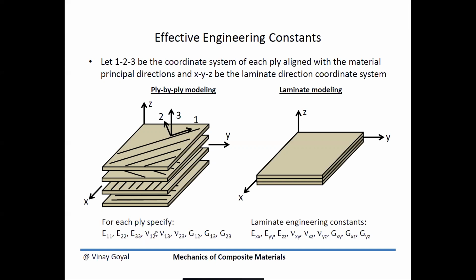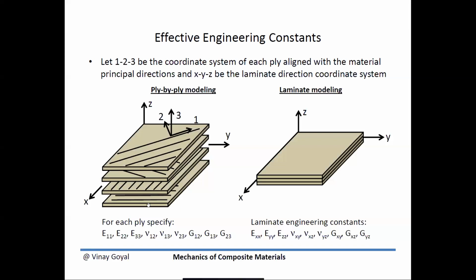Nu13 is loading in the fiber direction and measuring the contraction in the third direction. Nu23 is another Poisson ratio that needs to be specified, and also the shear moduli G12, G13, and G23. So we have 9 material constants that need to be specified for a lamina, and we need to specify them for each of these plies.